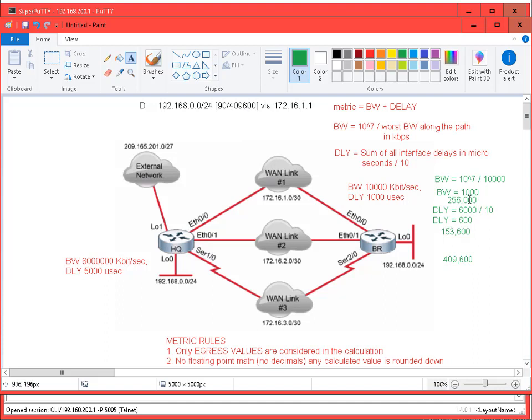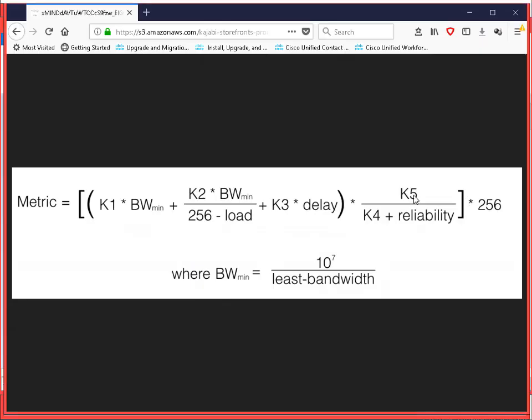But again, remember, if you look at the way the formula is written, they're distributing this multiplication across the entire formula. They're not taking that value and multiplying it by 256. You have to actually multiply each value by 256 and add those numbers together, and that's what results in the appropriate metric calculation.